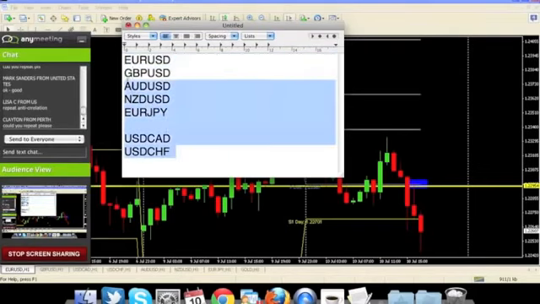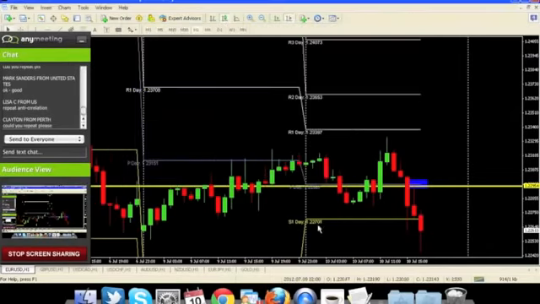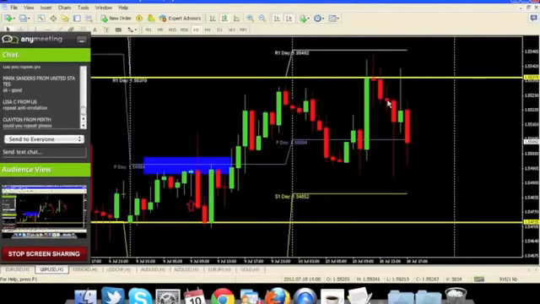Basically, what it's saying is that all these pairs on top, they go in one direction always, and these two pairs on the bottom, they go opposite always. Take a look at Euro USD. You see how in the last 5-6 hours it's going down? Pound. Same thing. Overall direction is down in the last 5-6 hours.